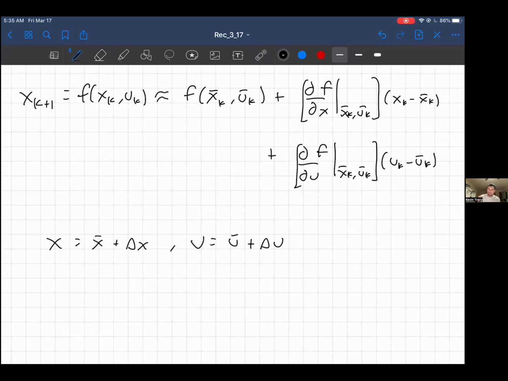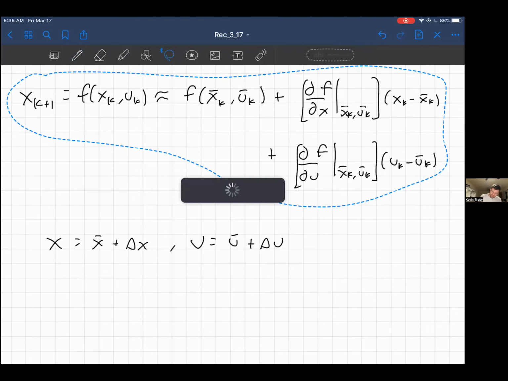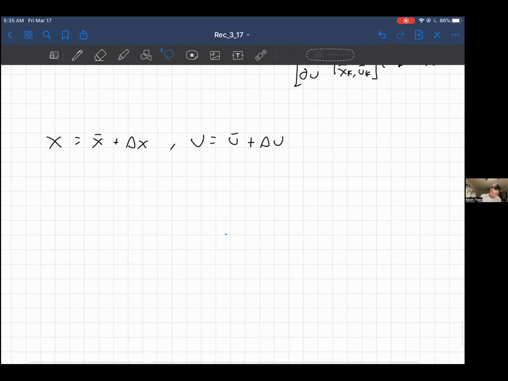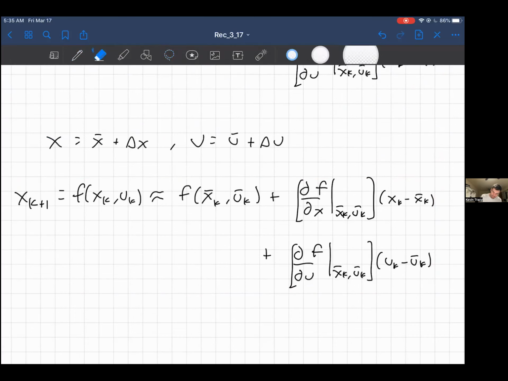And if I do that, and if I make these substitutions into the above system, I get the following. So we'll just copy this, paste it down here. And what we'll do is we'll just take this out, and just by substituting, this gives me delta x, delta uk.